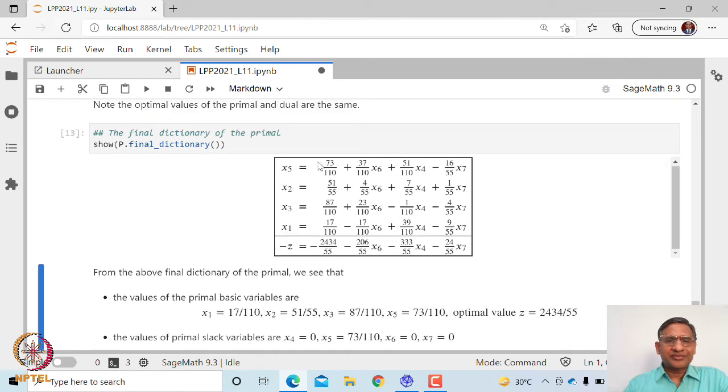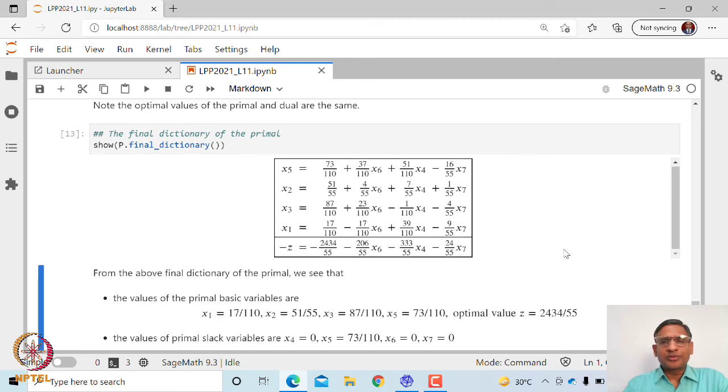So if you look at this final dictionary of the primal problem, what do you see here? The value is optimal because all the reduced cost coefficients are negative for the maximization problem. The x1 value is 17 by 110, x2 value is 51 by 55, x3 value is 87 by 110, x4 has not entered so x4 is 0, and x5 is 73 by 110, and the optimal value is this, right?